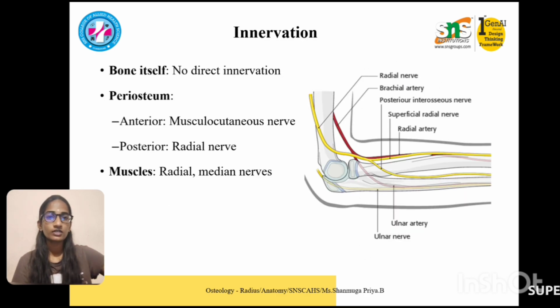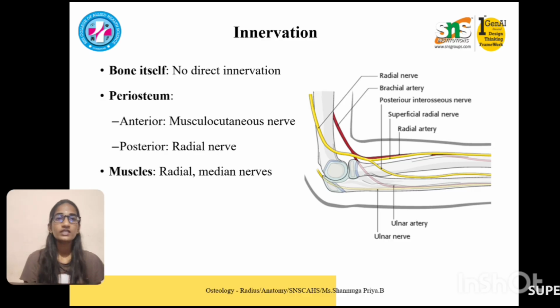For the innervation, there is no direct innervation. The bone itself isn't directly innervated, but the periosteum, the outer covering, gets sensation from the musculocutaneous nerve anteriorly, while the radial nerve supplies it posteriorly. The surrounding muscles are innervated by the radial and median nerves.